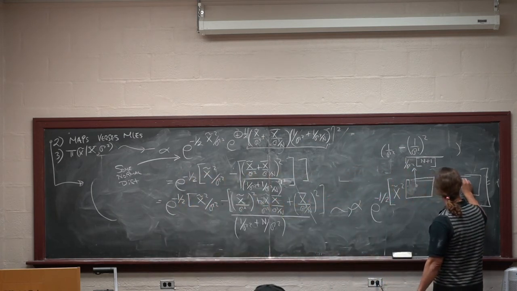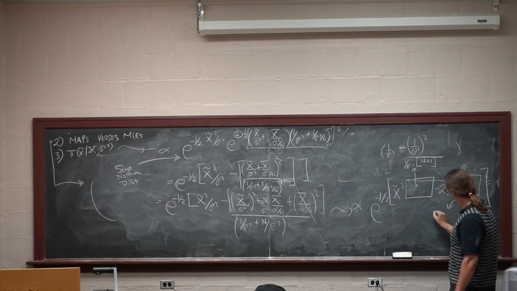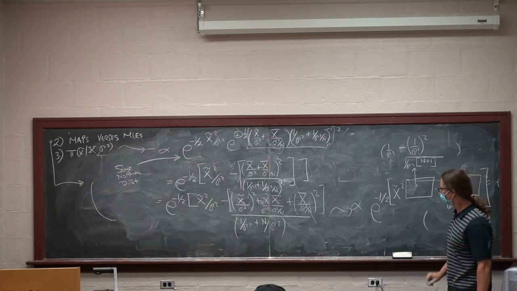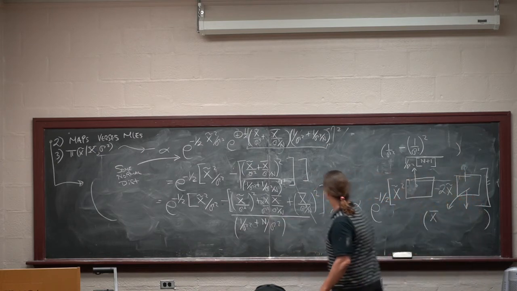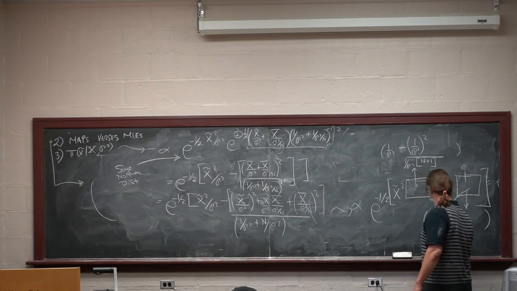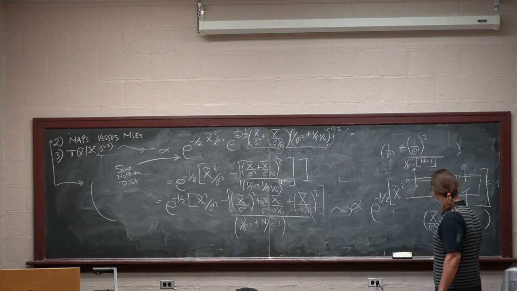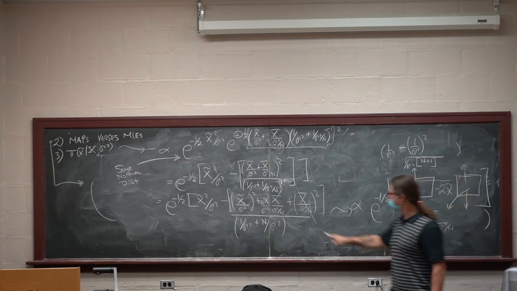This is going to be x bar. It's right over here. X bar over, we've got sigma squared. We've got another one, sigma squared over n, right here.